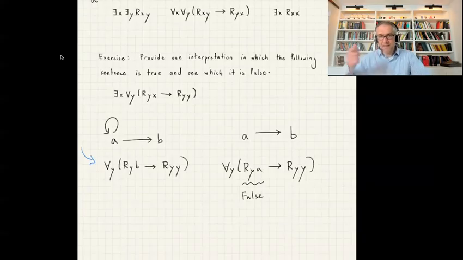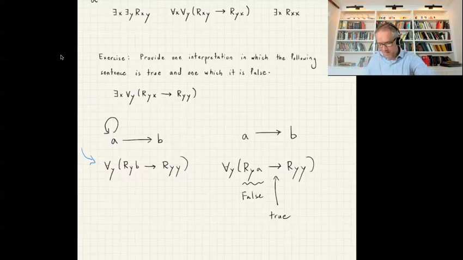For any Y, that first bit is false. There is no Y that bears a relationship to A. That's false. That will make the whole thing, the conditional, true. And so it's true for everything. Okay, so that's not an example yet of making that sentence false.